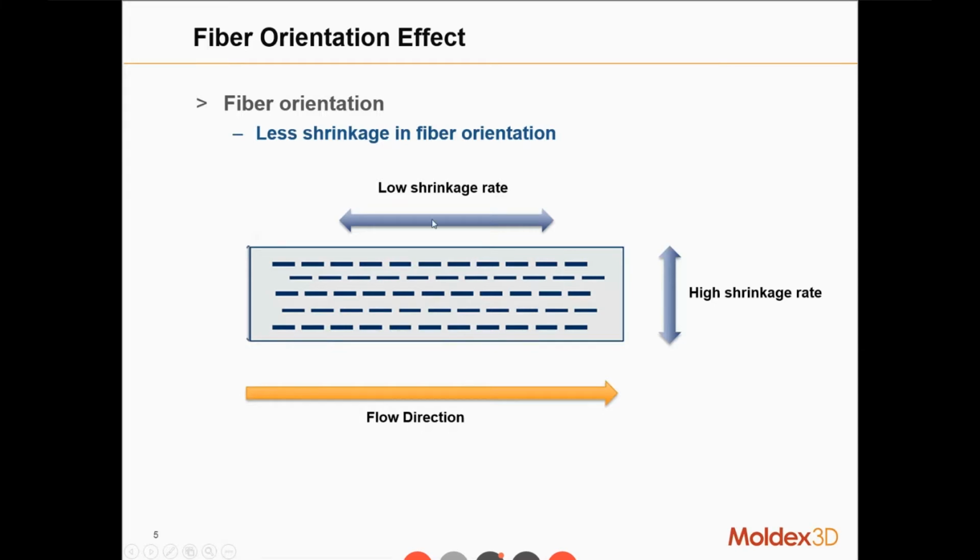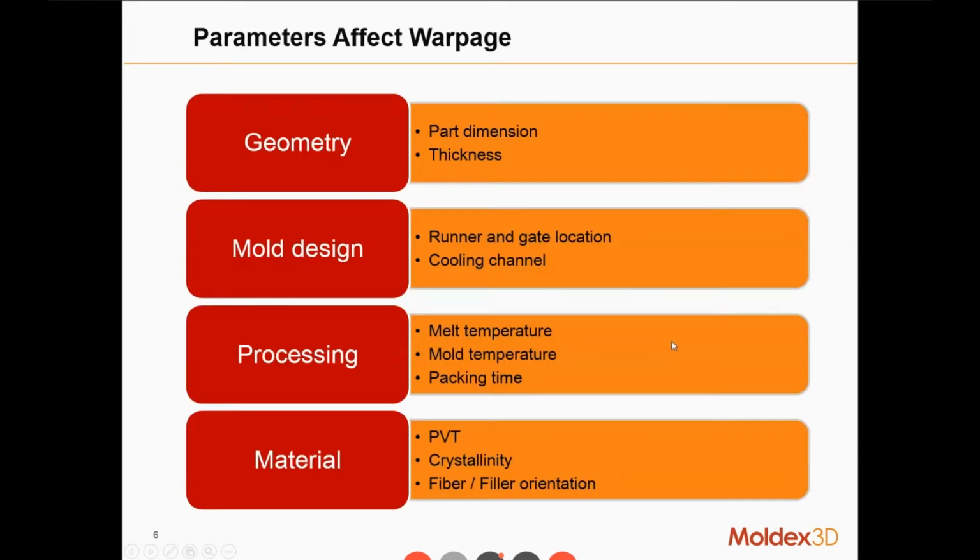If the fiber direction is the same as the flow direction, it will have a low shrink rate, because it has enough stiffness to resist the volumetric shrinkage. As for the vertical direction, it will have a high shrink rate, because there is no fiber orientation to resist the shrinkage phenomenon.